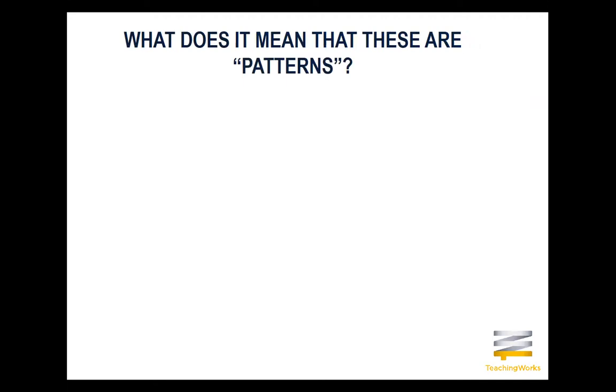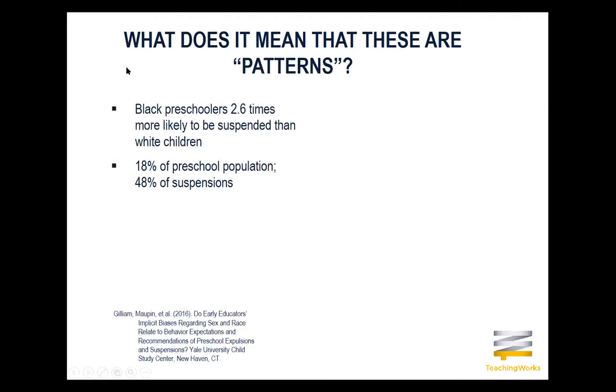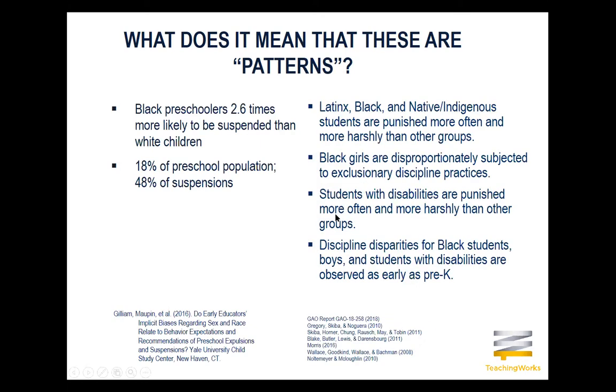So what does it mean that these are patterns? Well, what we see are Black preschoolers are 2.6 times more likely to be suspended than white children. And that's based on the statistics that were shared on that last screen. So we're seeing that Latinx, Black, Native, Indigenous students are punished more often and more harshly than other groups.